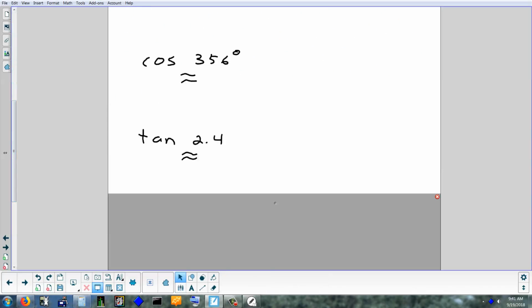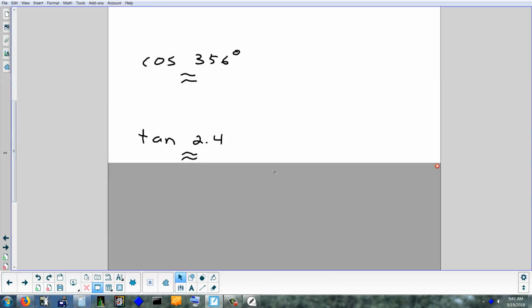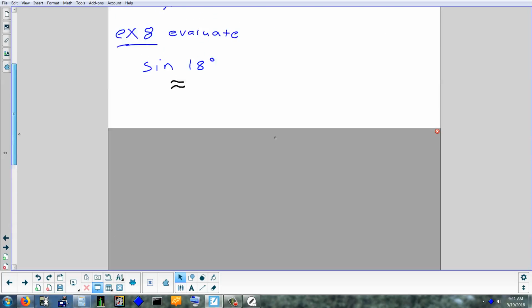How do I know that 2.4 is radians? What's there or what's not there that tells me? The degree symbol's missing. If the degree symbol's missing, that's not a mistake. That means it's in radians.